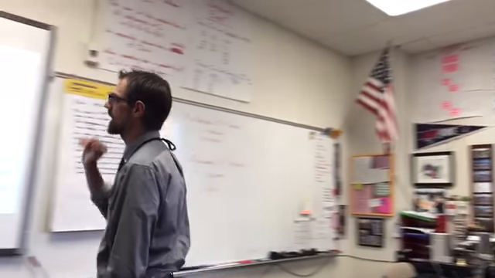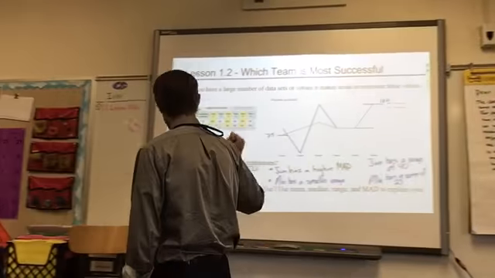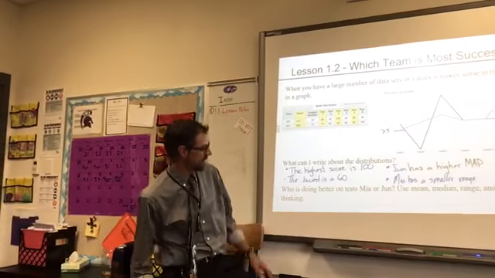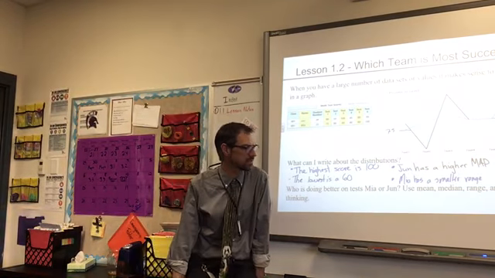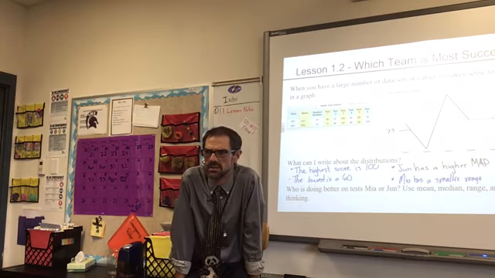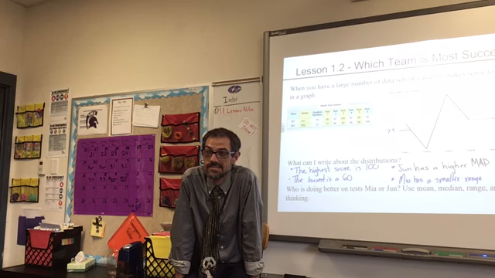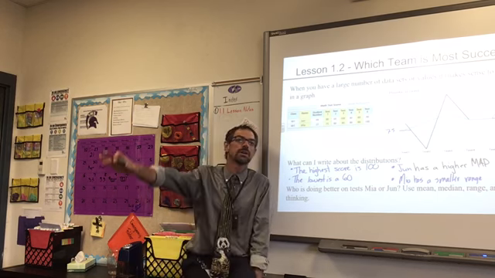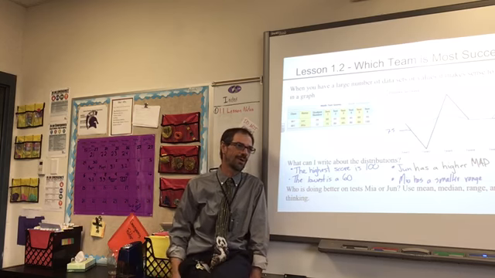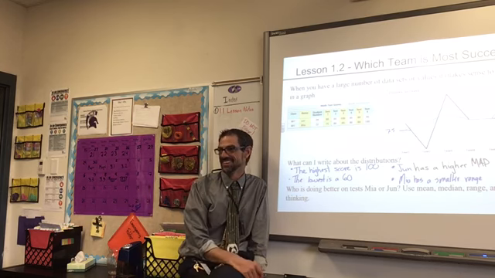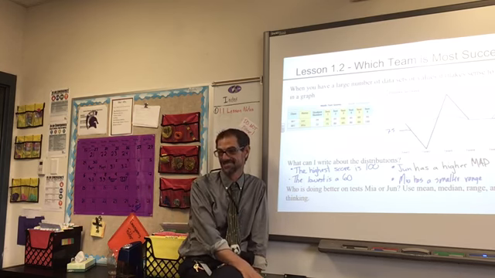So just by looking at this, we can talk about some of the things that we notice. And then, who's doing better on tests? Mia. John did Mia. Well, what do you assume? If someone has a really high range, what do you say? Hold on, guys. Ember's bringing up the question that I want answered here.